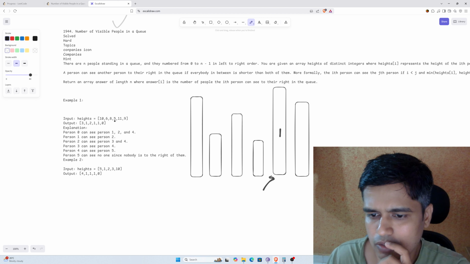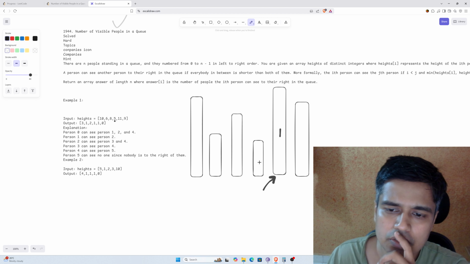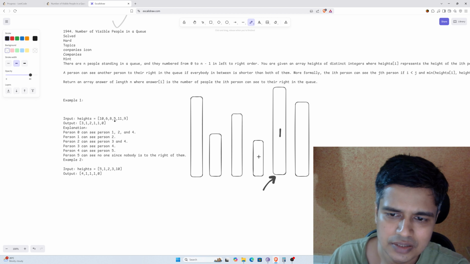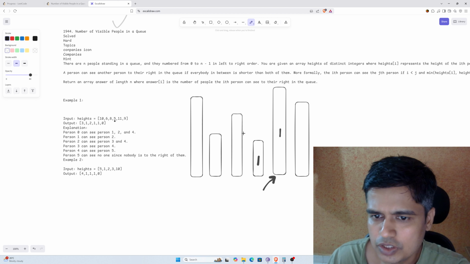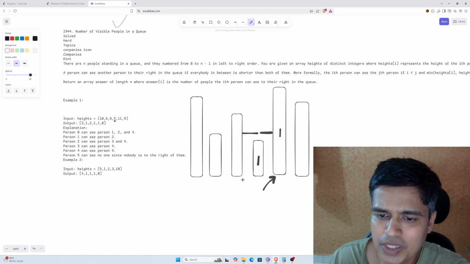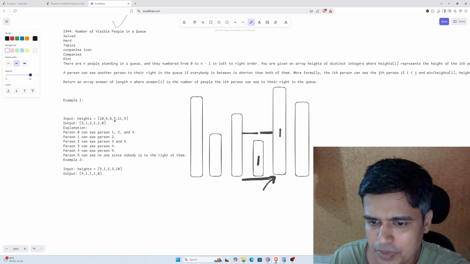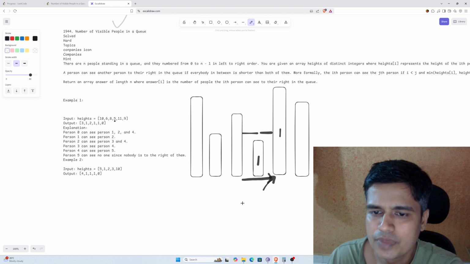The next tallest is this one. So 5 will have an easy life; he is going to conclude 1. That's it. Next is this person. So this person 1, then 1, 2. He will be able to see beyond the person right next to him.